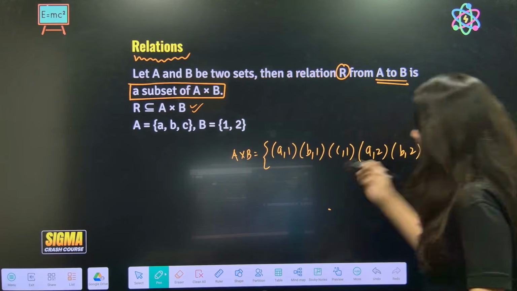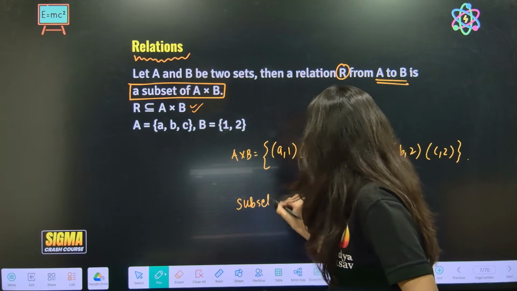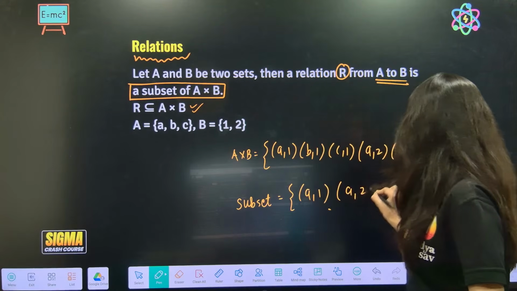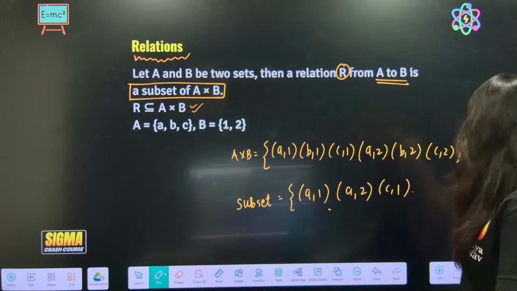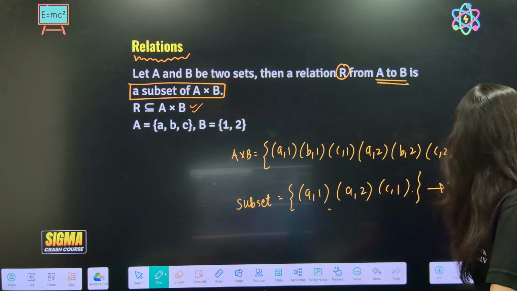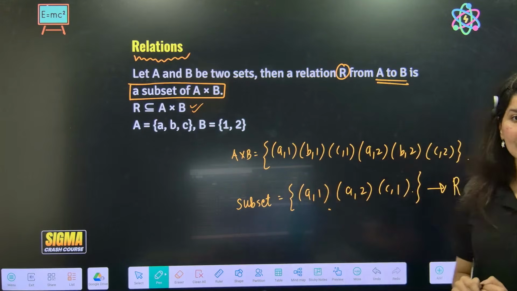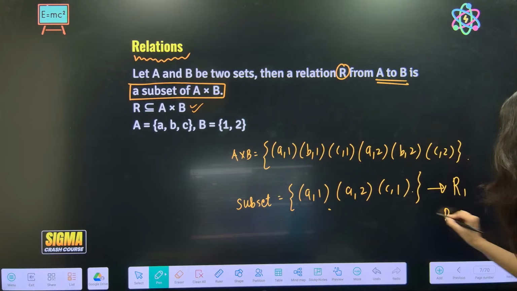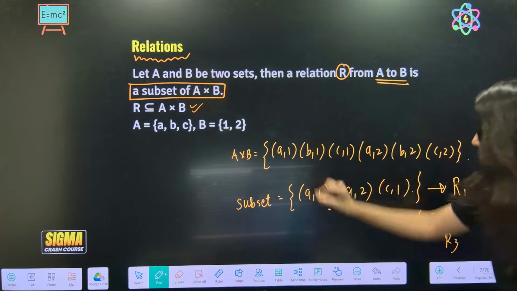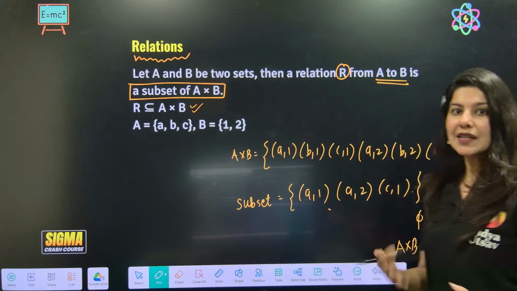If I write one subset of A cross B, one subset could be A comma 1 and A comma 2 and C comma 1. That's it. So this is one subset. Yes, so this is one relation, relation 1. One such relation will look like this. There could be another relation, R2. R3 could be A cross B itself, because A cross B is a subset of A cross B. So there are multiple relations.